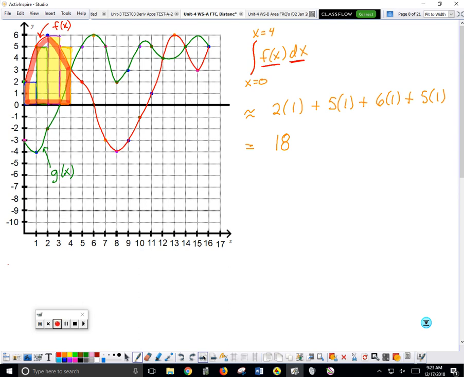So this one would have been just, find the area of f. They probably would have said something a little bit different, so I would put in your notes these words.